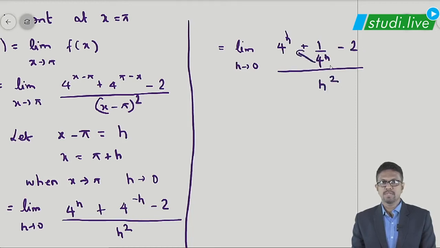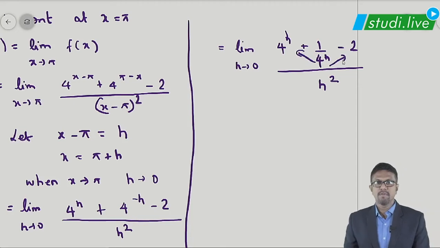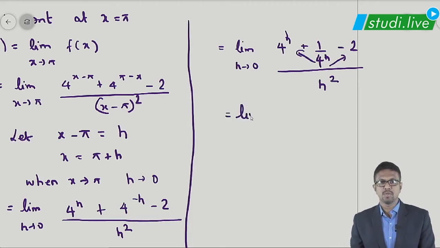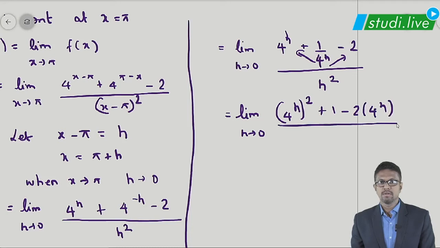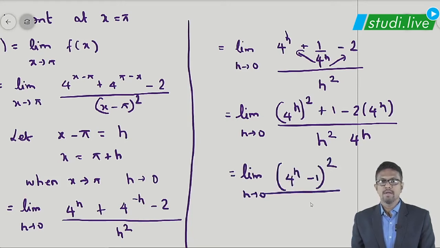So this can be cross multiplied and we will get limit h tends to 0, 4 raised to h the whole square plus 1 minus 2 into 4 raised to h, upon 4 raised to h and h square. So what is this? This is limit h tends to 0, 4 raised to h minus 1 the whole square upon h square and 4 raised to h. So this is how the terms can be adjusted.